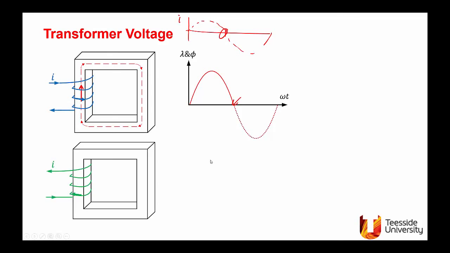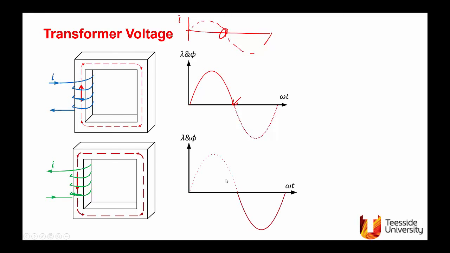Then the current will reverse its direction as shown in green, and the flux lines will change their direction, and we get the other half, which means the flux linkage and the flux will be a sine wave, the same sine wave, with the same phase as that of the current.